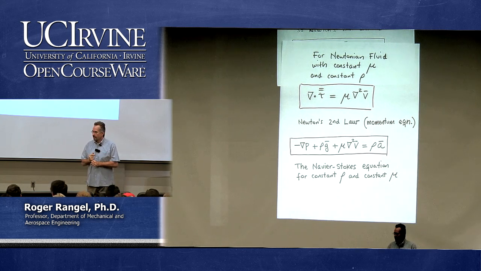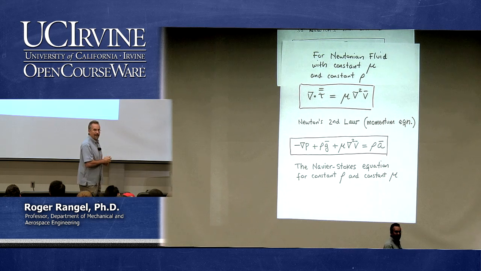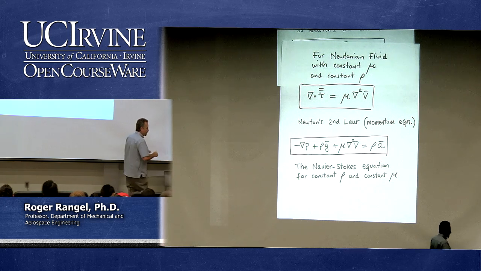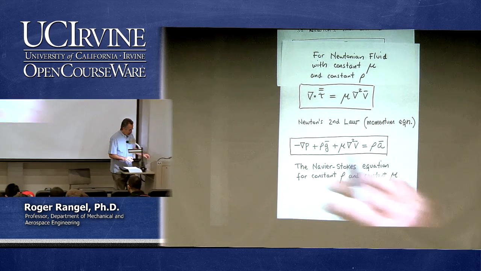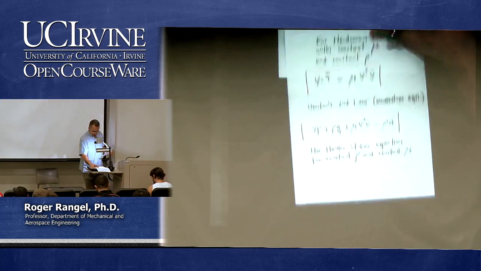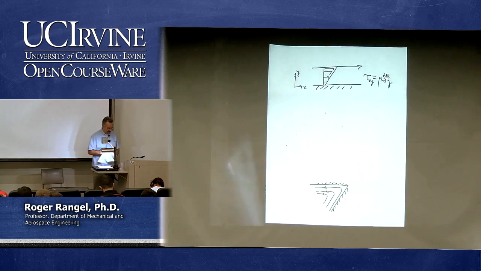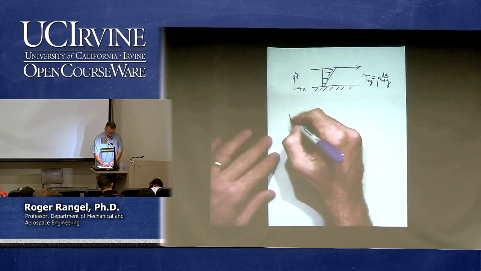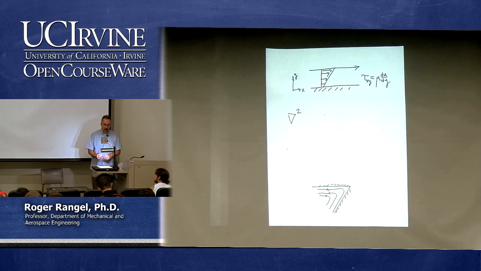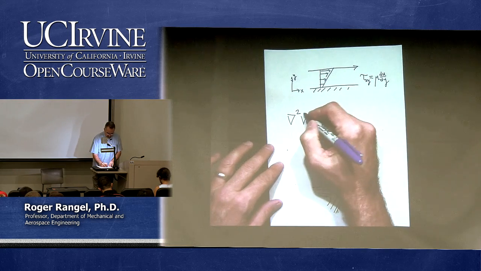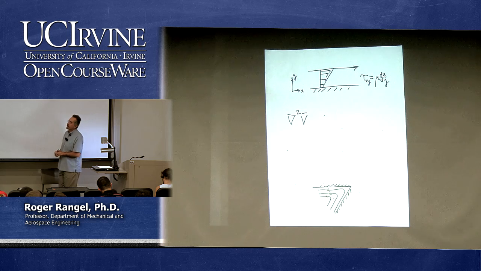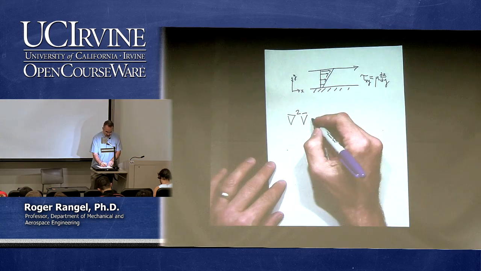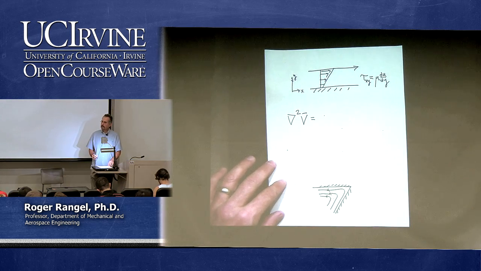Yes? Could you go over the questions again? Oh, so what's the Laplacian? Since it's not in our original review, what is the Laplacian of something? Of course, the something that we care about is the velocity in Cartesian coordinates. Nobody knows?